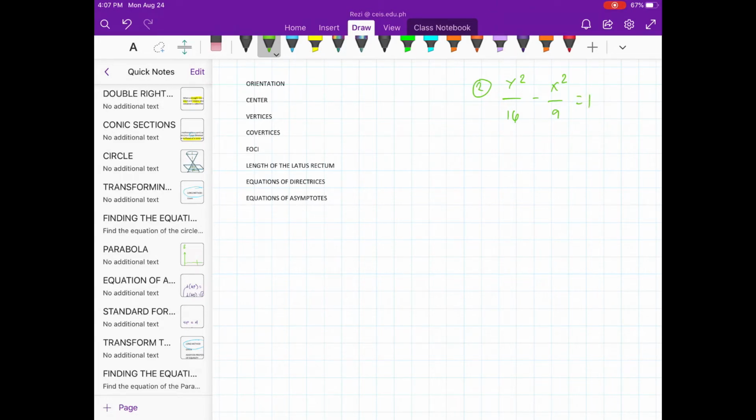Looking at the given, we see that it is almost similar to the previous equation. The only difference is that the numerators are interchanged. So let's use the standard form of the equation.